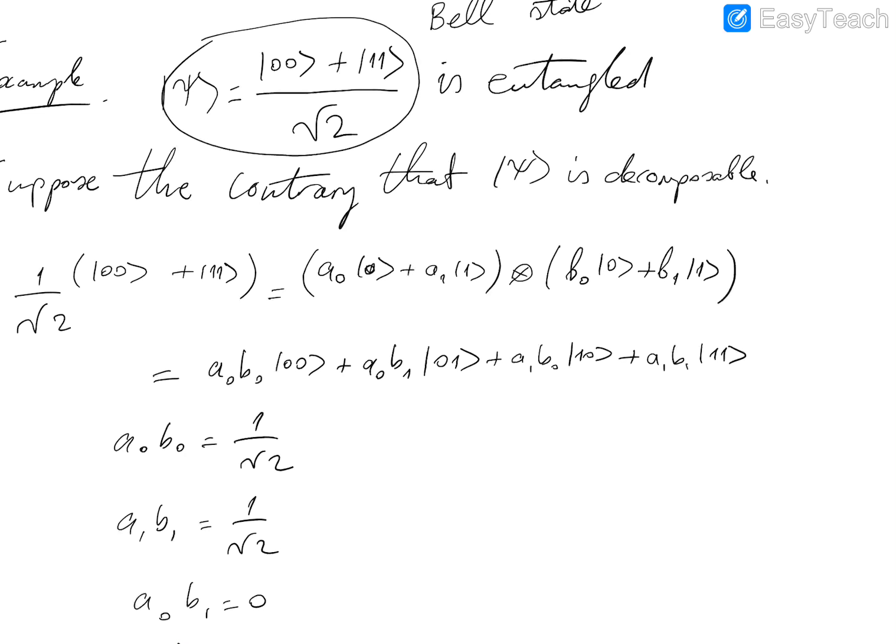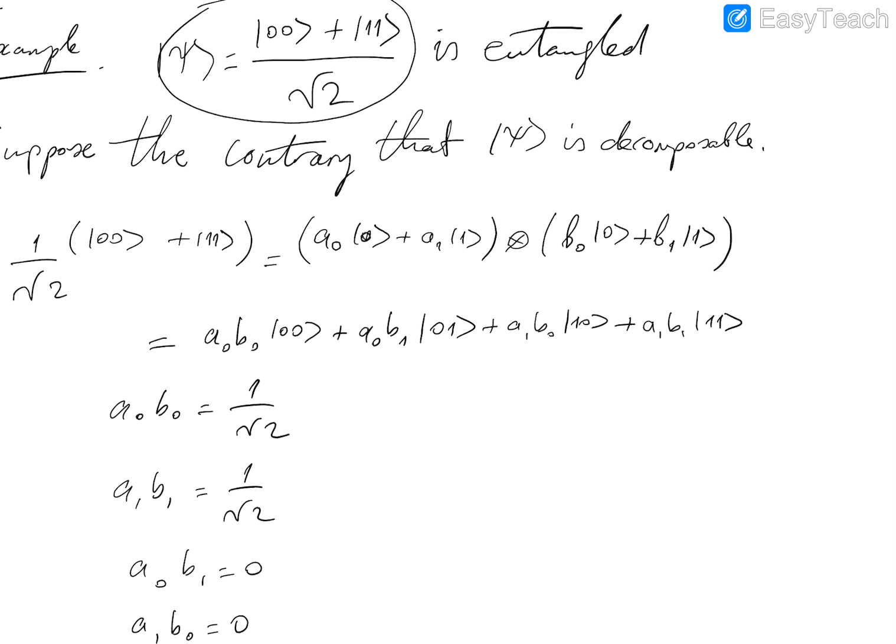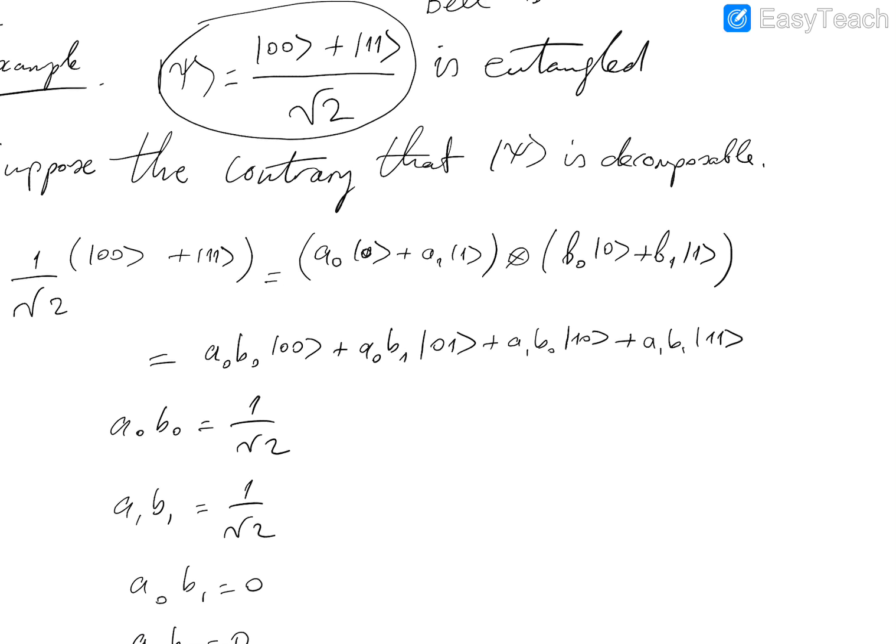Well, the probability of obtaining 0 in the first qubit is 1/2. But if we measure the first qubit as 0, the probability of obtaining 0 in the second qubit is precisely 1, right? So this is where entanglement comes into play. If we measure the first qubit as 1, then we have |11>, right? The second qubit can't be 0. So the probability of measuring 1 in the second qubit will be precisely 1.